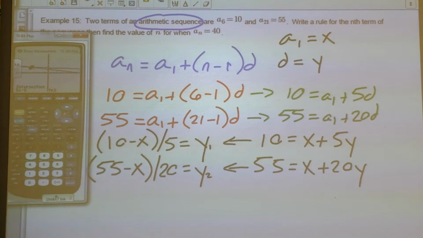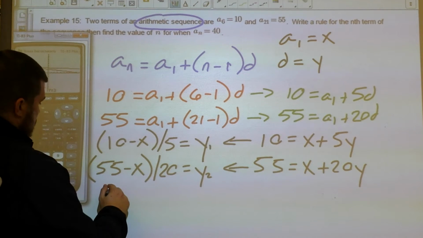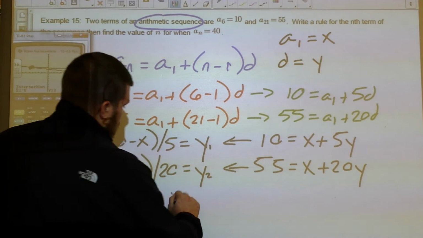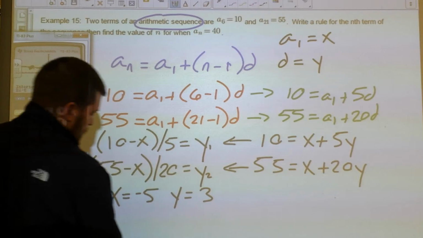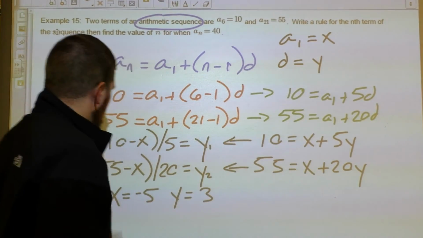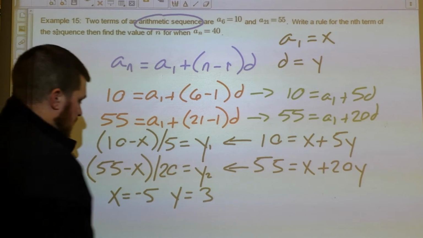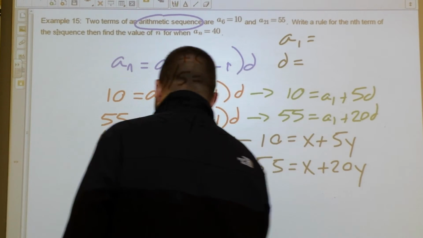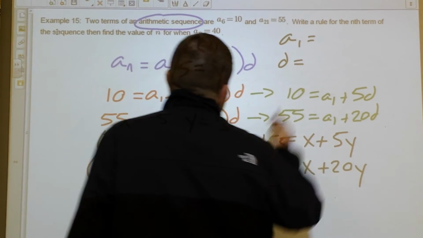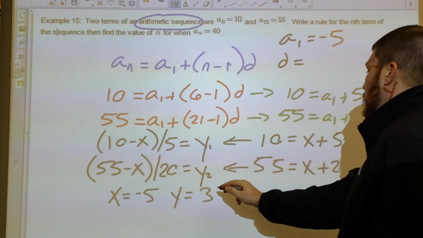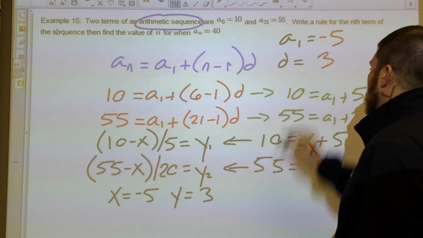So my intersection is x equals -5 and y equals 3. Based on this, since x equals -5, that means a sub 1, my starting position, is -5. And my common difference d is 3.